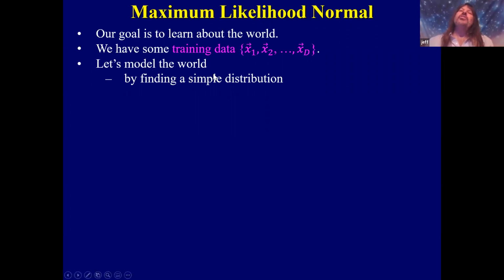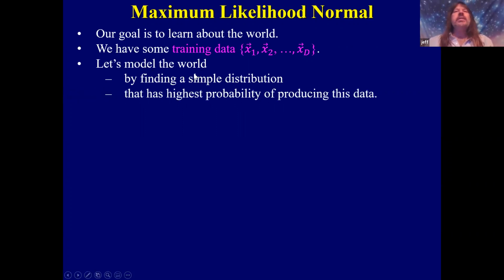The way we're going to do it is we're going to name various simple probability distributions, a lot of different ones, but they'll all be simple. And of all those many probability distributions, we want to choose the one that maximizes the probability of getting this data.